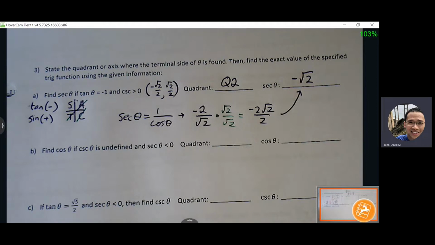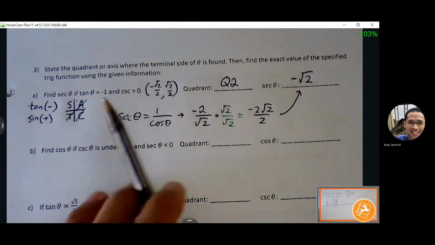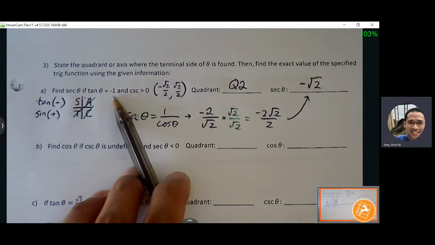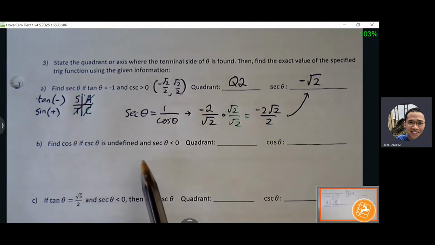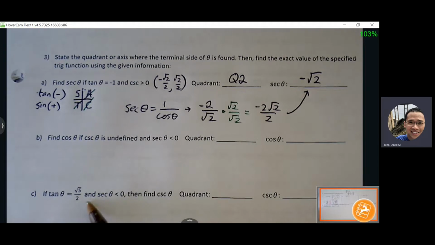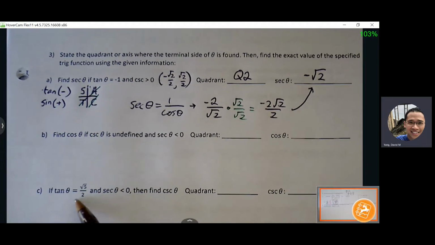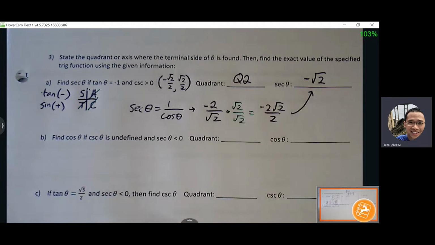How come this is in the second, I mean, the fourth quadrant, if cosine is positive? And this is. Cosine related to the sine, yeah. Not if it is something that's on the unit circle. So if you look at part C, it's not a unit circle value, so then you've got to draw a triangle.